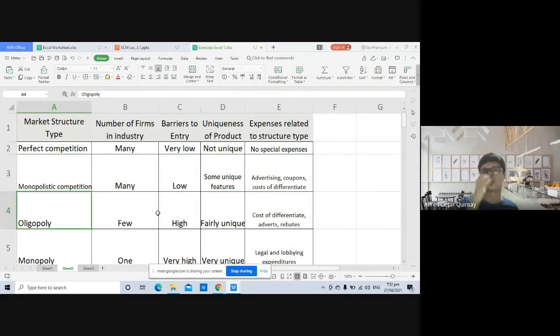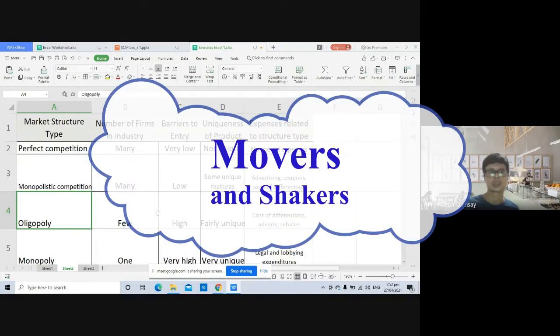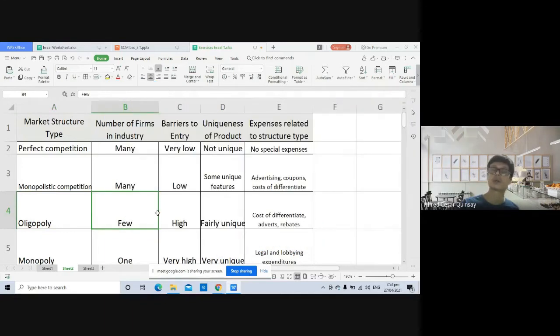Okay. Here in oligopoly, no? These are the so-called movers and shakers here in the Philippines. Most of our big industries belong to the oligarchs. Go to the malls, these are oligarchy. Oligopoly. So, number of firms in the industry: few. There are only a few of them.